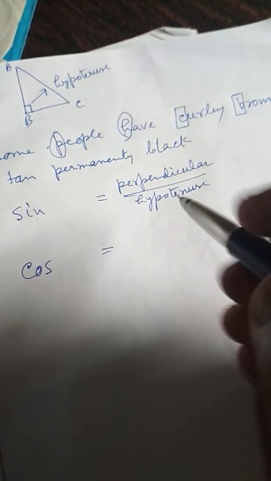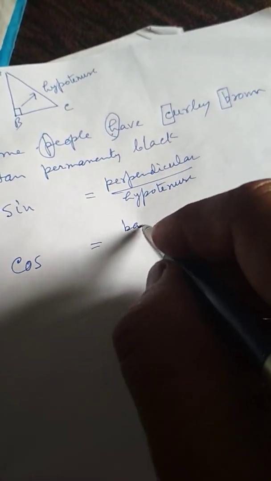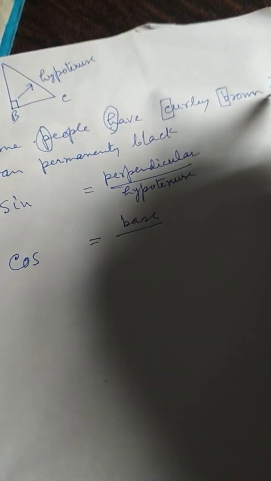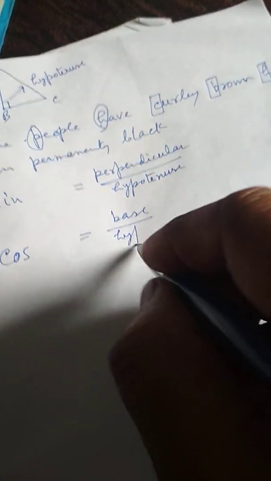This first letter is B. B is base. First letter is H. H is hypotenuse. Here tan, I have written it tan directly. Tan, P is perpendicular, black is base. These are the three ratios.